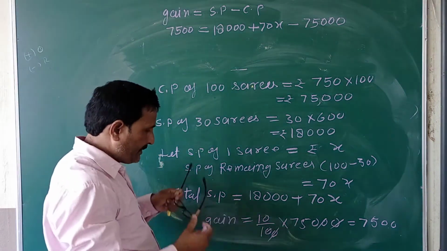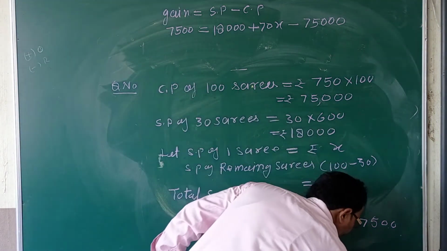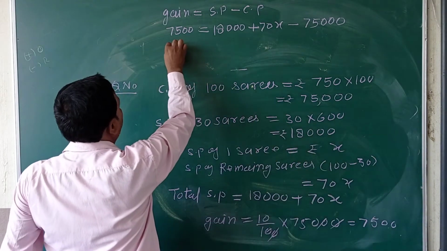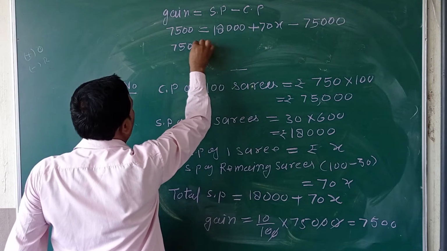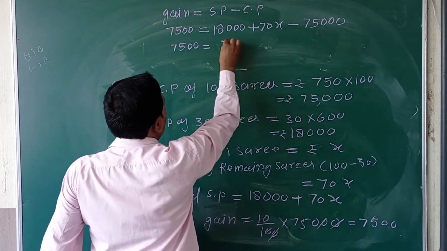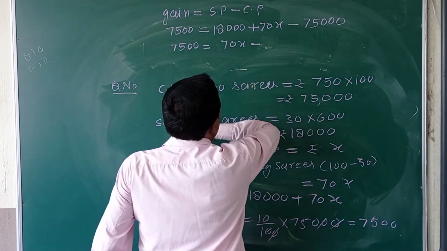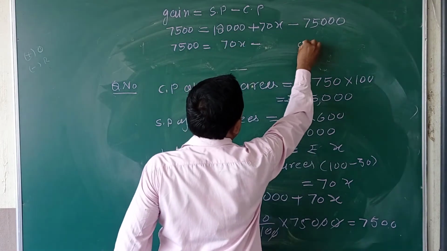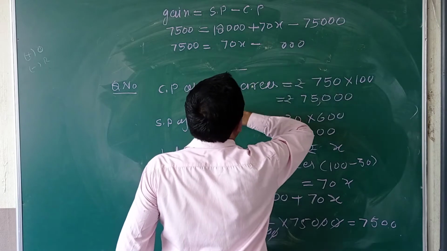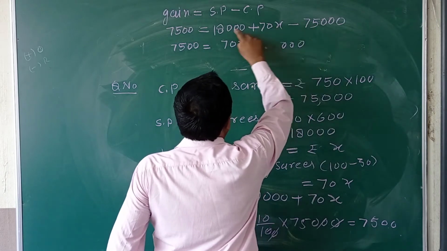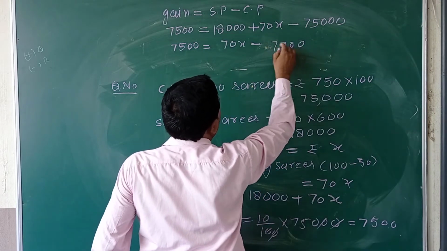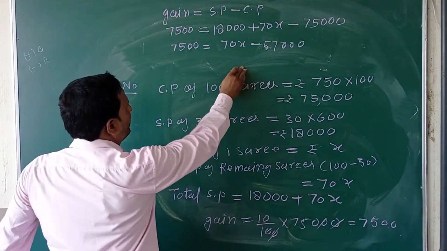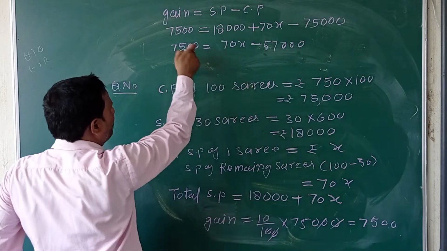Okay, now simplify this one. What will you get? 7,500. Now 70x minus, subtract this one, we will get 0. Then this one moving to the other side, it will be plus.